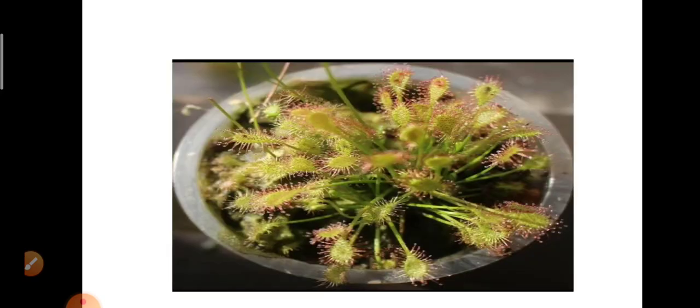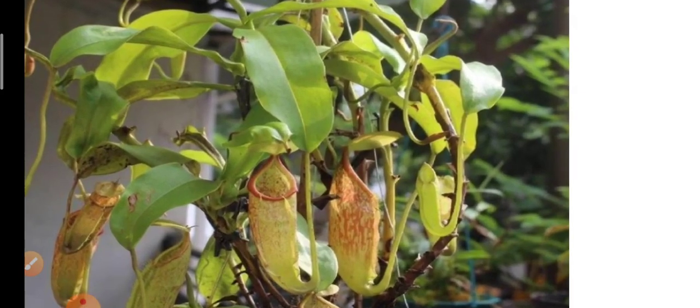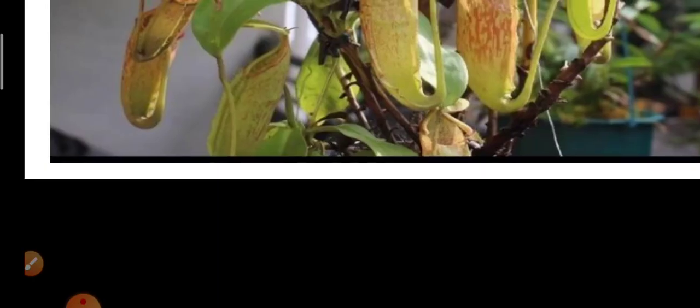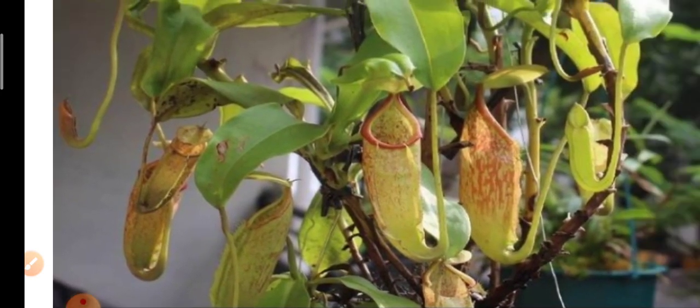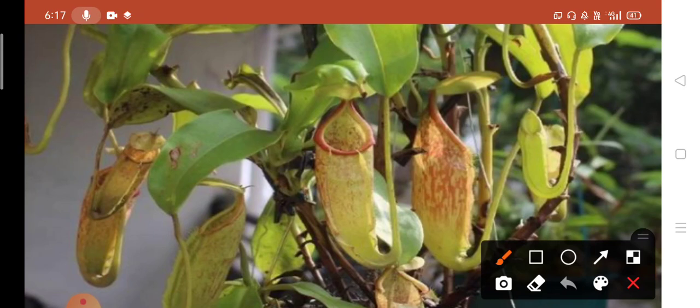Yes, you can see here the pitcher plant. So here the leaf is modified as a pitcher-like structure, and when the insects come and sit here, they get trapped, and the hair-like structures in the pitcher move the insect downwards.